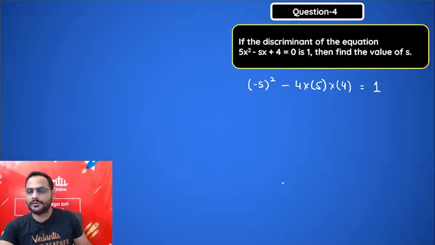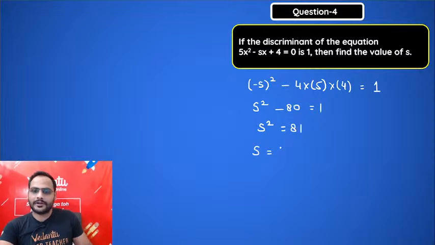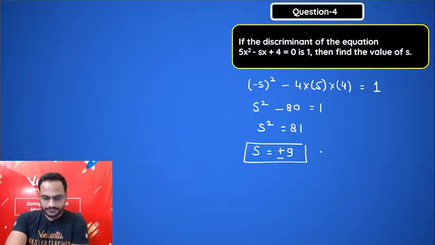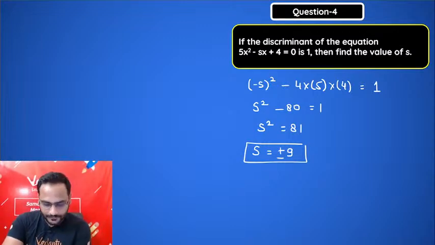So s square minus 4 4s are 16, and 16 into 5 is 80. So s square minus 80 is equal to 1. s square is equal to 81. So s will be equal to plus or minus 9.